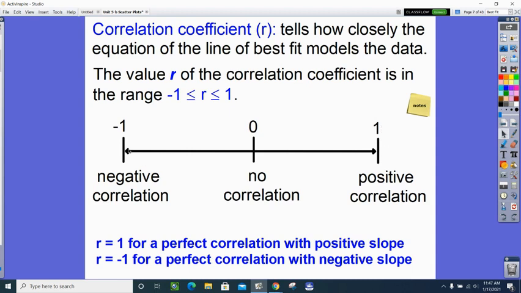And if all your data points fell on a perfect negative sloped line, the correlation coefficient would be -1. The closer you get to 0, the more spread out the points are. So if you had a 0.8, it's still going to be a positive correlation, but the points are more spread.